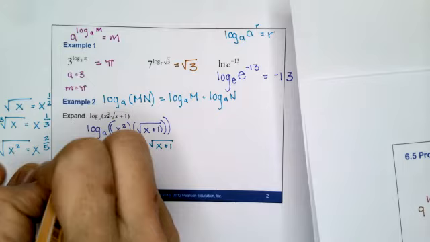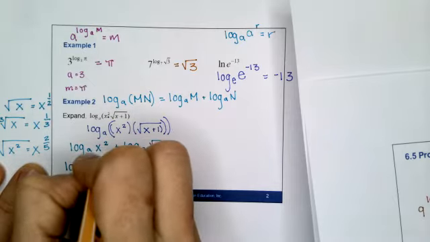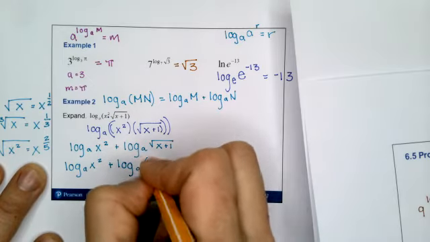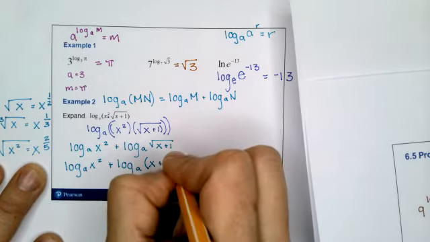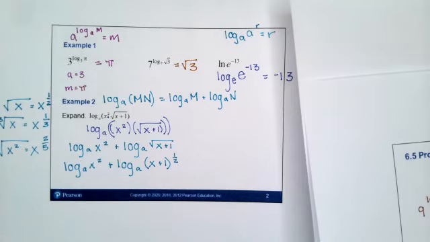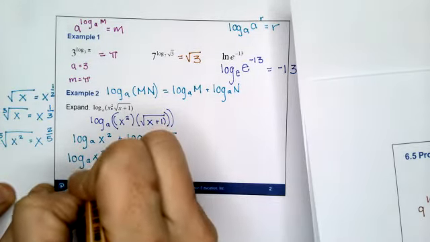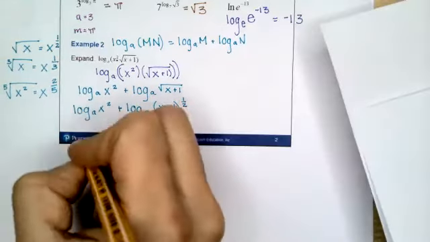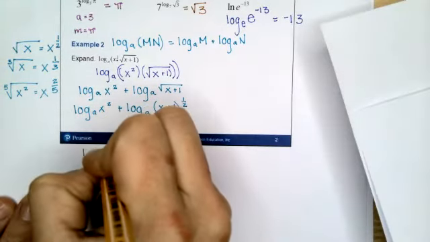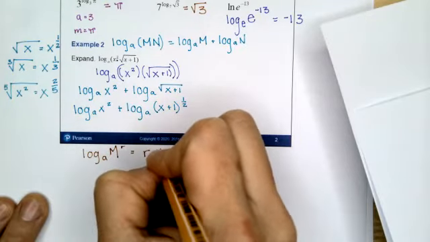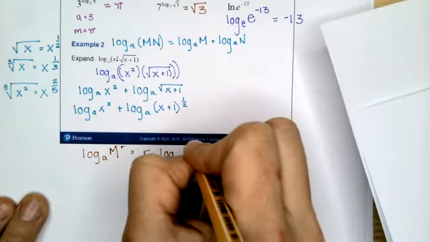Okay. So I'm going to write it again. And instead of a radical, I'm going to call it an exponent. It's not the square root of x plus 1. It's x plus 1 raised to the power of 1/2. Now I'm going to use the rule. Where should I start? Log base a of m to the power of r is the same as r times log base a of m.